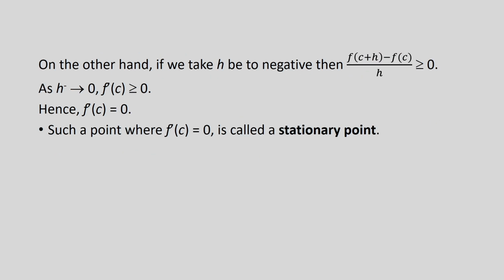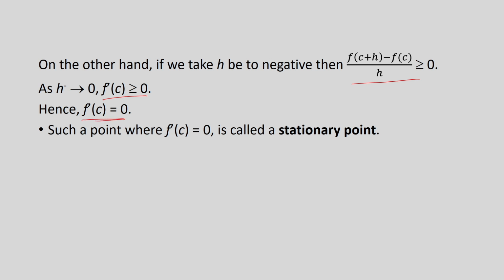Similarly, I can take h to be negative. In that case, this Newton quotient will be greater than or equal to 0, and similarly we see that f dash of C is greater than or equal to 0. Both of them are satisfied: f dash of C is greater than or equal to 0 and less than or equal to 0, which means that f dash of C is equal to 0.